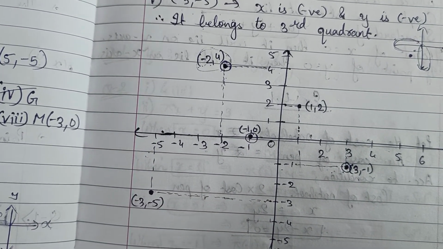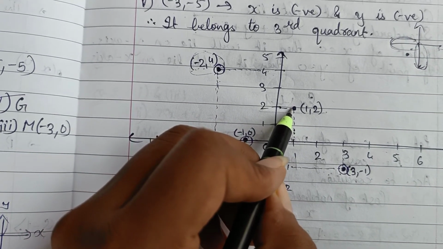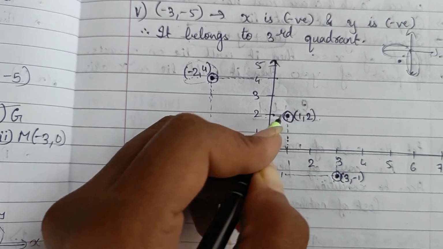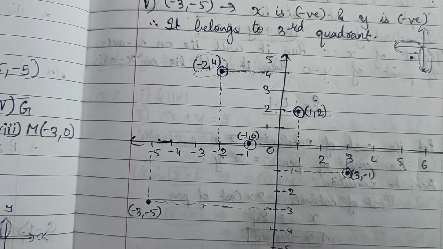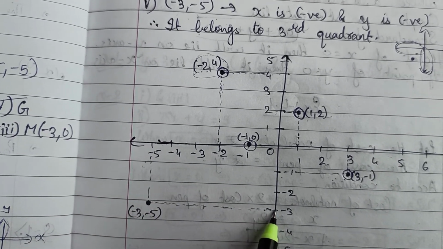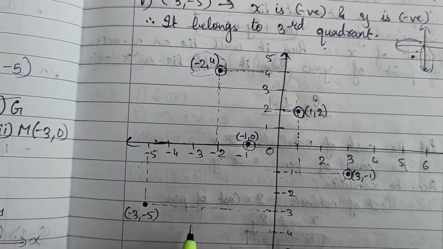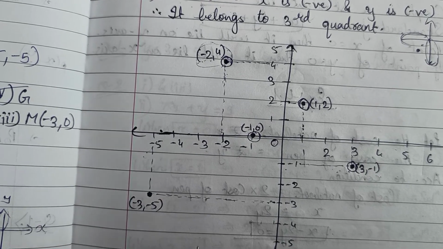Then you have 1, 2. So 1 comma 2 is totally positive. So 1 is on the positive x-axis and 2 is on the positive y-axis. This is your 1 comma 2. Plot it over here. Then minus 3 comma minus 5. So minus 3 will be on the x-axis and minus 5 will be on the y-axis.